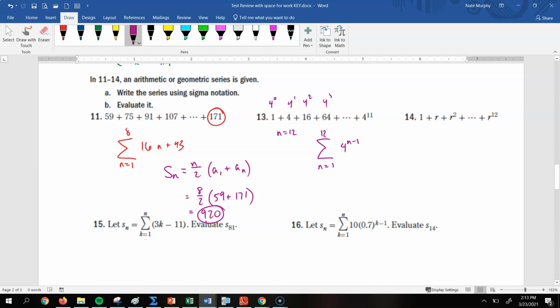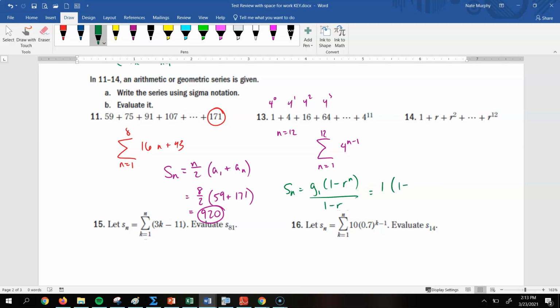So again, since we're dealing with a geometric series, to find the sum of a geometric series, we would take g sub 1 times 1 minus r to the nth power, all divided by 1 minus r. So our first term, again, is 1. Really doesn't affect anything.